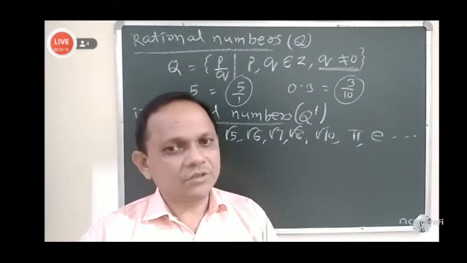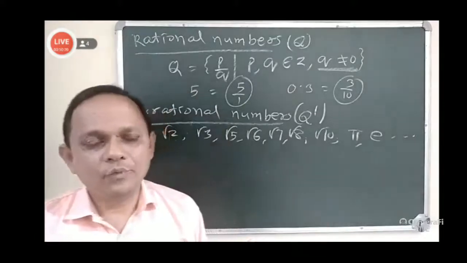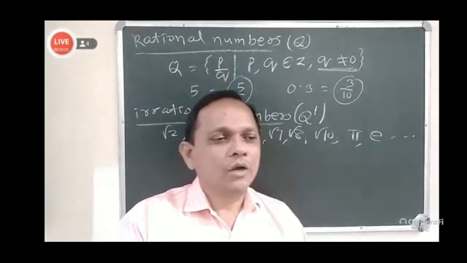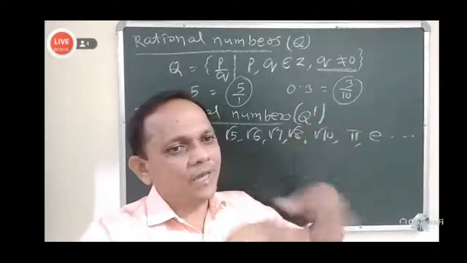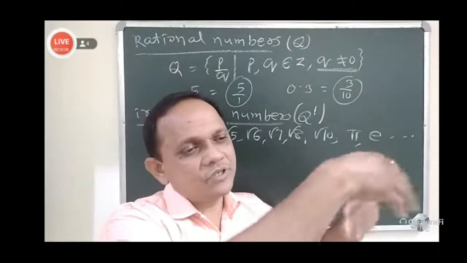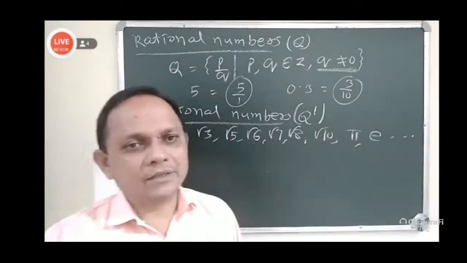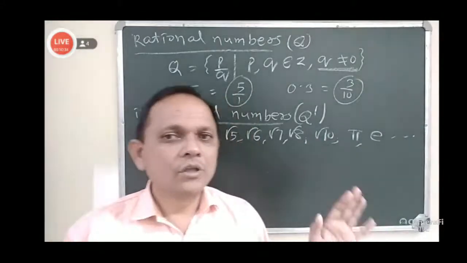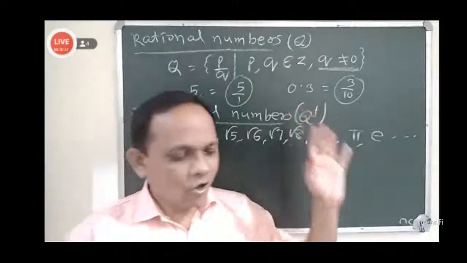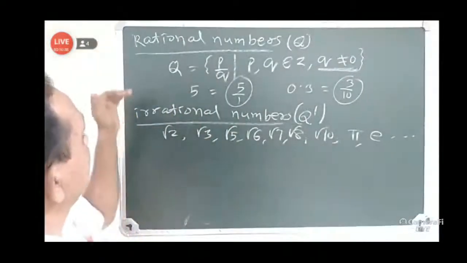We can count, but the counting process will not stop. When we count natural numbers 1, 2, 3, 4, 5, time will lapse, the counting will go on up to our death, but the counting process will not stop. That is uncountable.